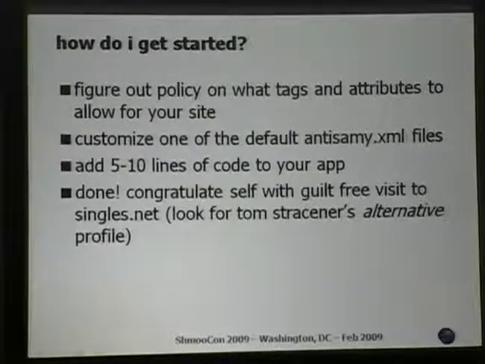So if you wanted to use this, what would you do? You throw a jar file into your class path, or in .NET you would throw the DLL, whatever. You would take one of the custom policy or one of the template policy files like Slashdot, eBay, or MySpace. You tailor it to your site, whatever your rules are going to be, and then you're done. You add a few lines of code to your app, and then you're pretty much finished.